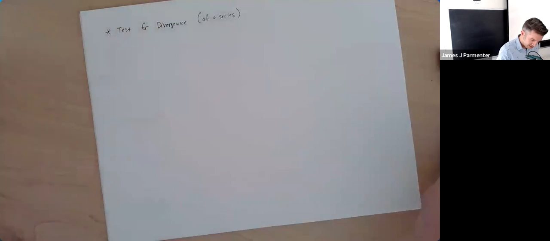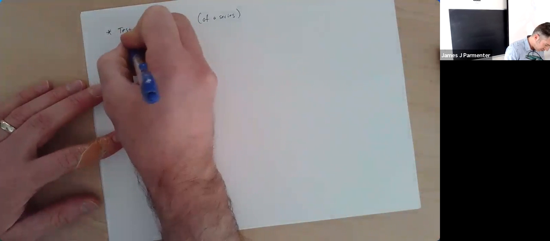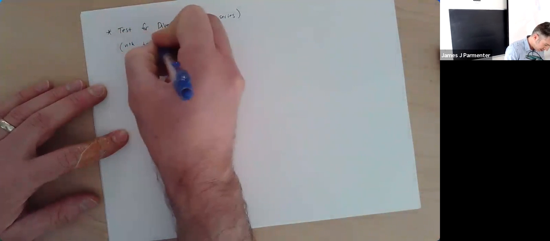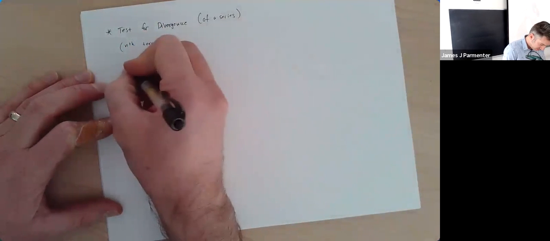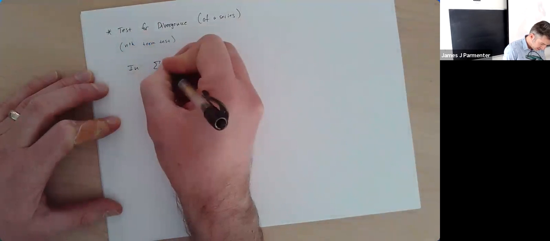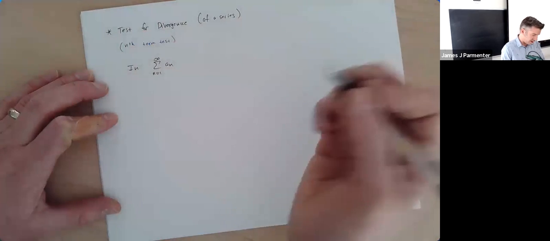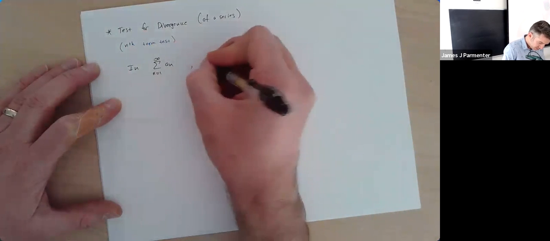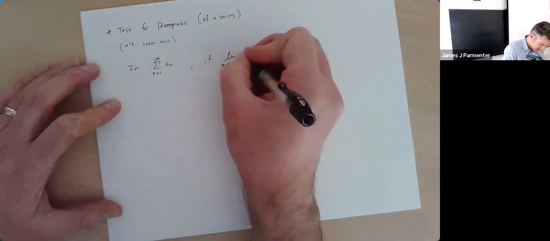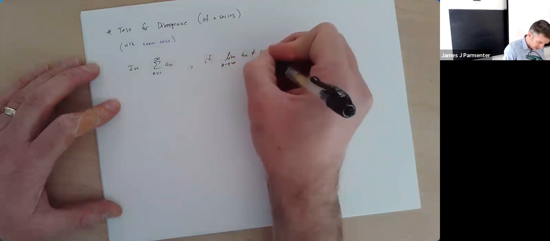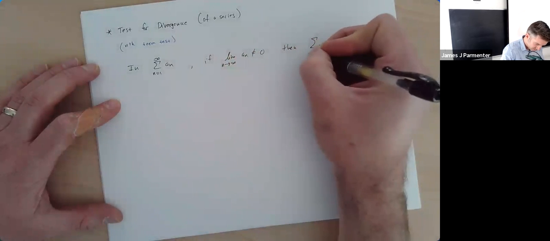The other name for this test, which is less indicative of that, is the nth term test. And what this test says is that in the series of a sub n from n equals 1 to infinity, or you really can start wherever, if the sequence has a limit that is not 0, then the series must diverge.